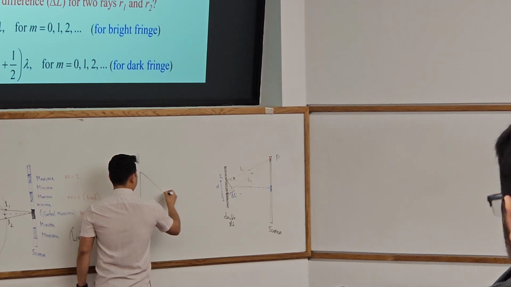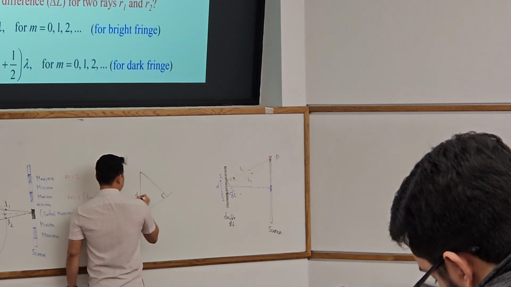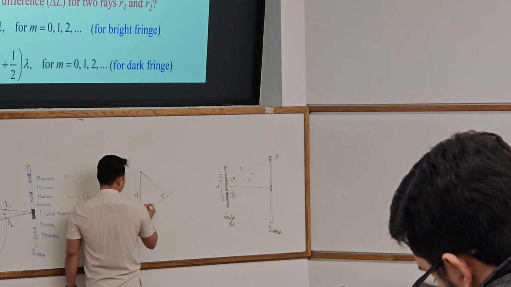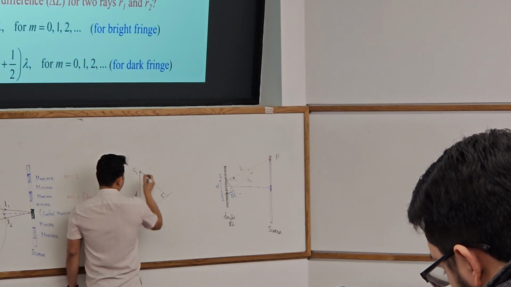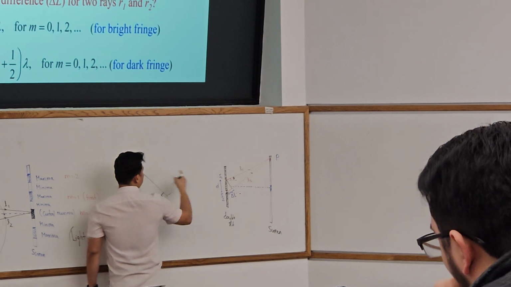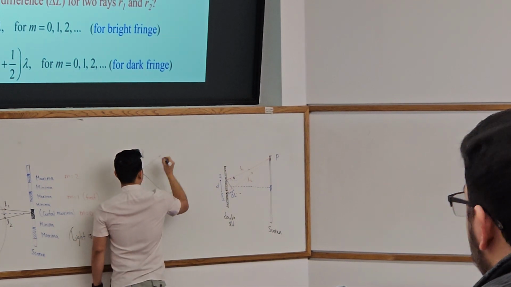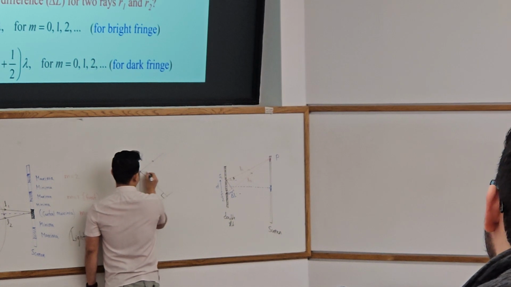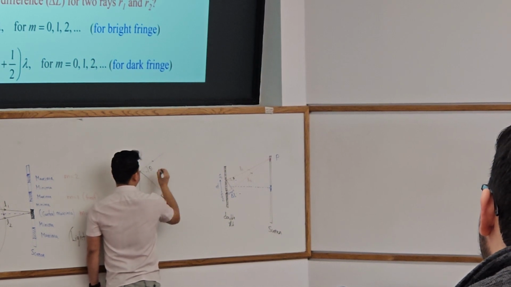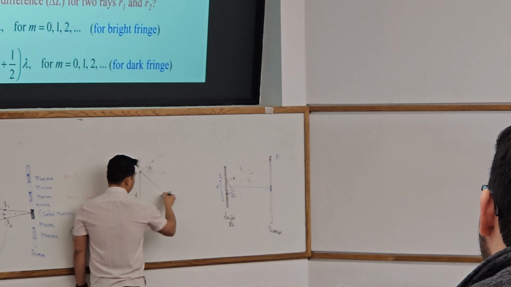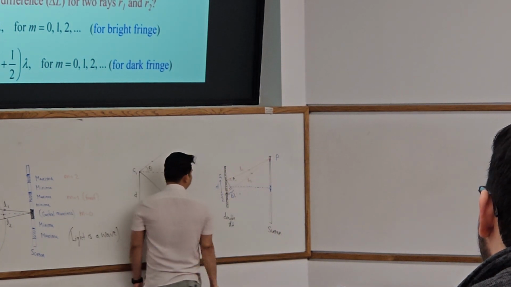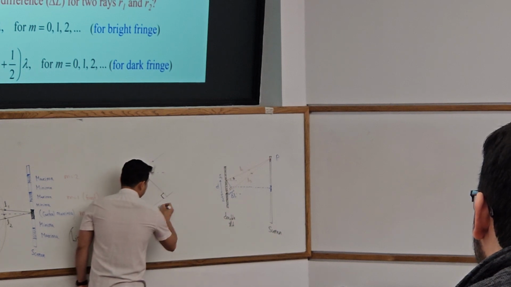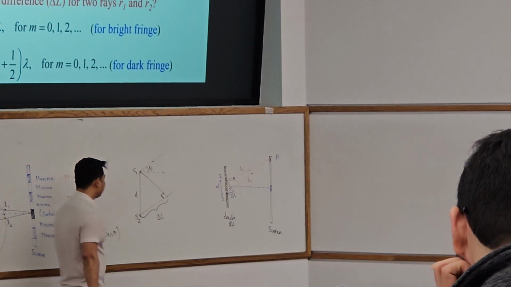It's a perpendicular, and this distance is d because you have sources S1 and S2 over here, and another line going like that. This angle is theta. You have a right angle triangle because of the perpendicular you draw to find the path difference. This is delta L, and I need to figure out this side of the triangle.